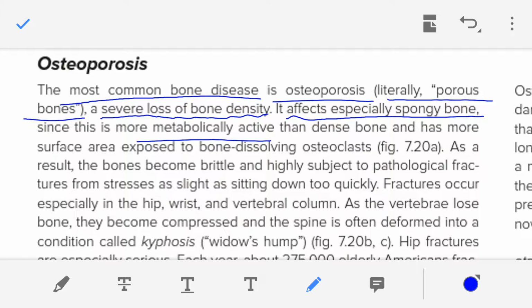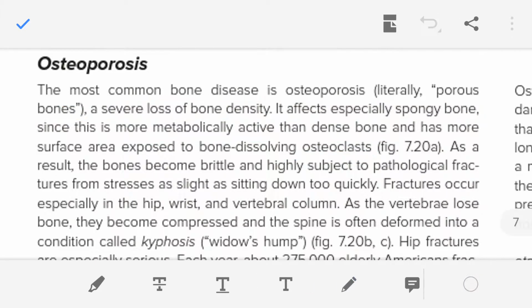Dense bone is not affected much by osteoporosis, because there is less surface available in dense bone for osteoclast activity, whereas in spongy bone the osteoclasts get large surfaces to act on. So it is very easy for osteoclasts to attack spongy bone and for osteoporosis to occur.